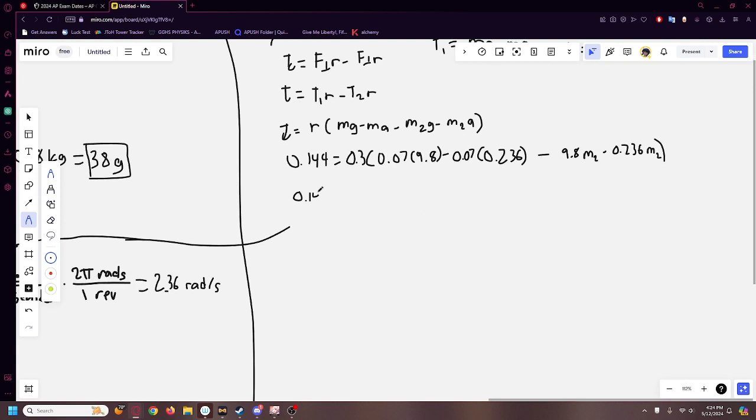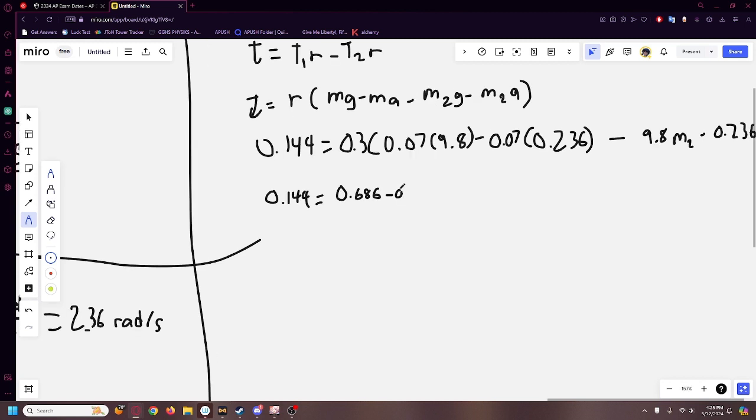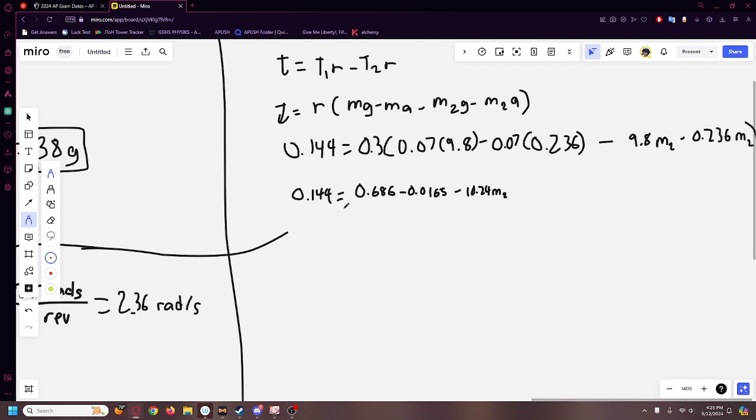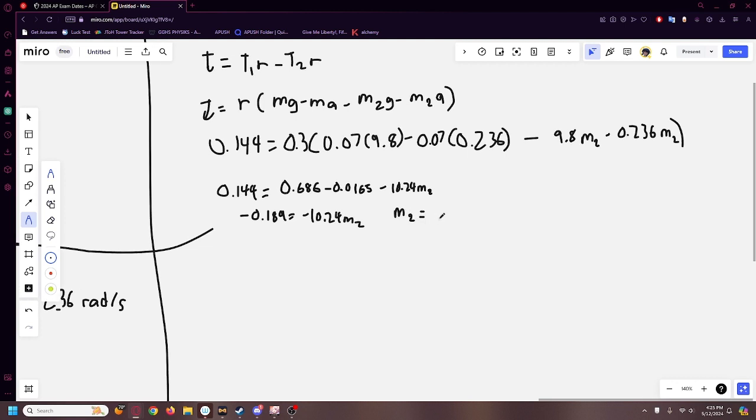So 0.144 is equal to 0.686 minus 0.0165 minus 10.24 m2. You isolate for one side, so subtract and add, negative 0.189 goes to negative 10.24 m2. Divide, m2 is equal to 0.019 kg. This is equal to 19 grams.